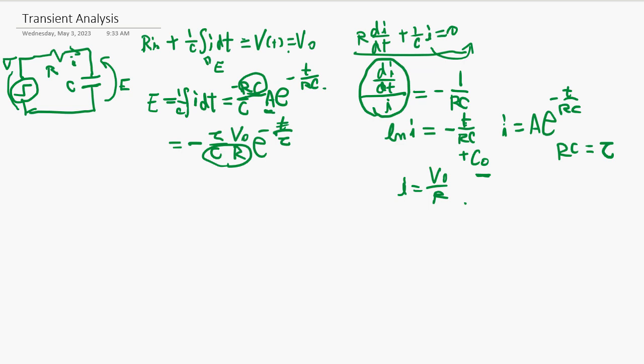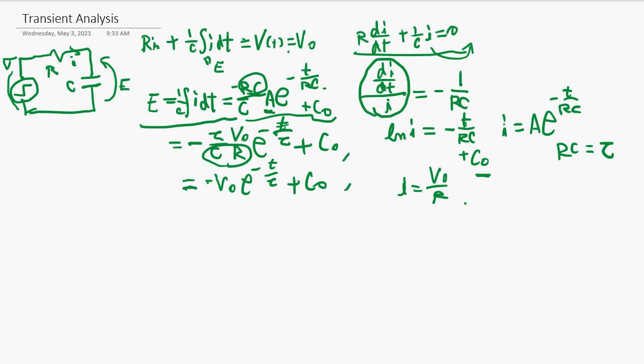So for the equation, we need C0, this initial condition, when you take the integral: E equals minus V0 e to the minus t over tau plus C0. Remember to add the constant whenever you take an integral.